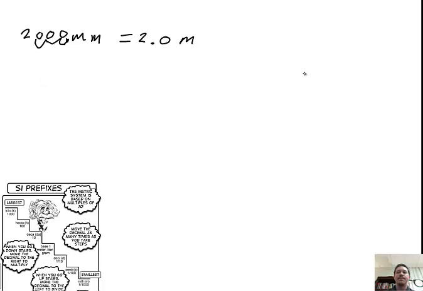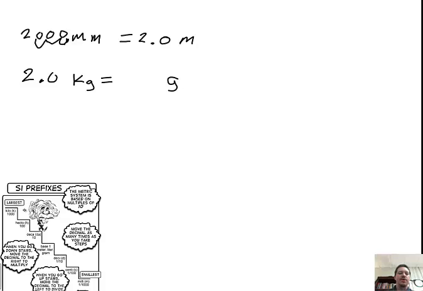Let's say now that we have 2.0 kilograms, and we want to convert to just grams. Pretty useful. Grams is a little more useful in chemistry. So we're starting at our largest unit now, so we're going down 1 step, down 2 steps, down 3 steps to our gram.